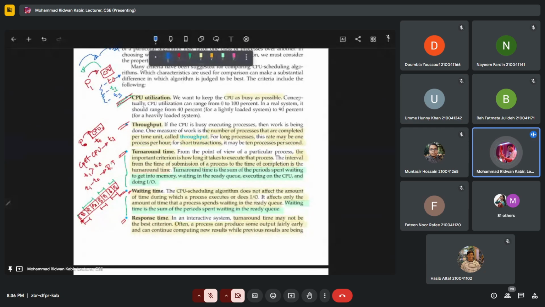As you can see, it is written here, turnaround time is the sum of the periods, that means these intervals, spent waiting to get into memory, waiting in the ready queue, executing on the CPU, or doing IO. The next is waiting time. This concept is important. Let's say if I draw an example here, you have P1, P2, and P3.